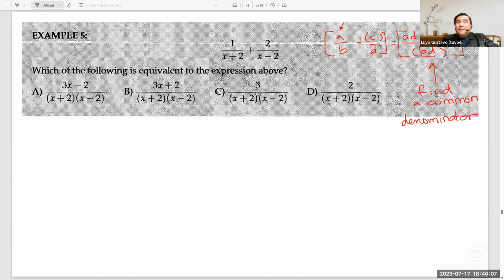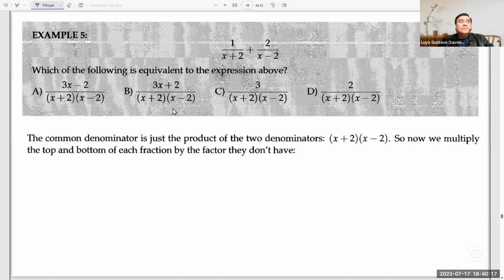Because once we have the same denominator, we can add the numerators, right? Take a look. Our common denominator here would be just the product of the two denominators, okay? x plus 2 times x minus 2.